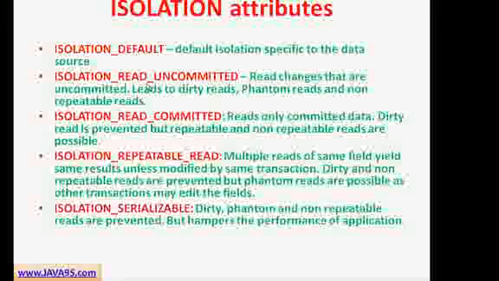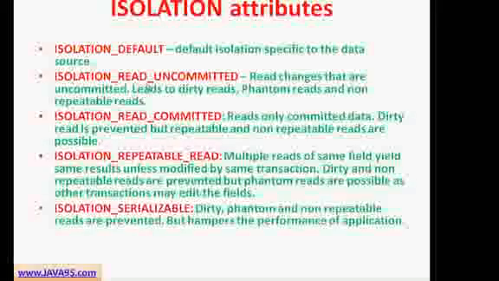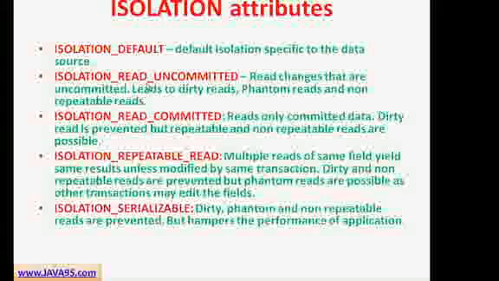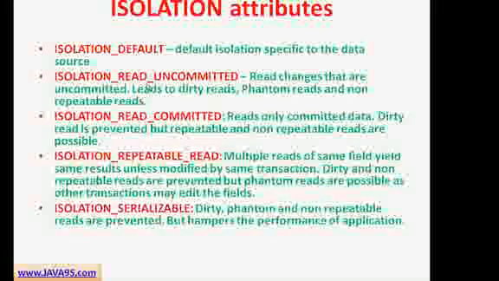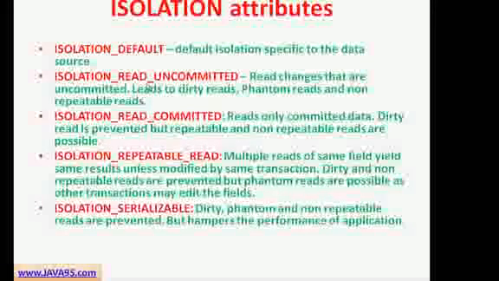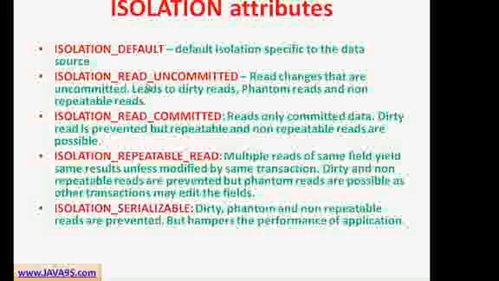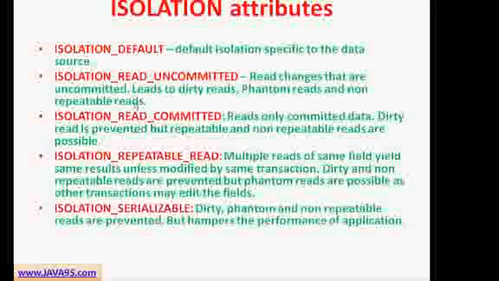Because it is the strongest way of locking, there could be problems in terms of application performance. So this is the last resort, where if you want to maintain strict isolation levels, isolation serializable is a way, but it's not recommended if you are really bothered about the performance.